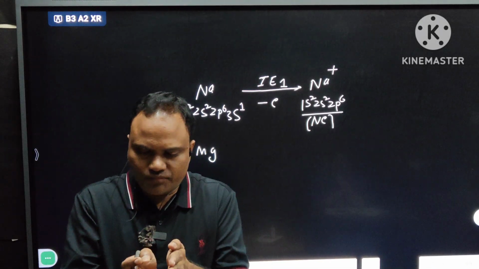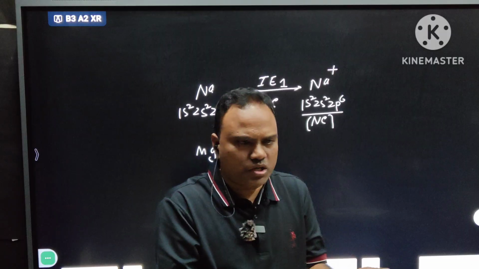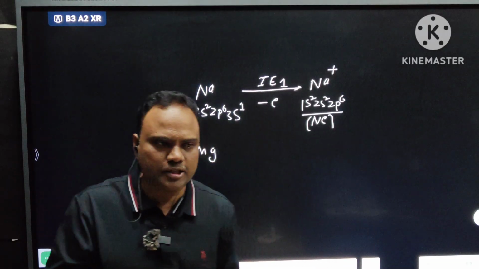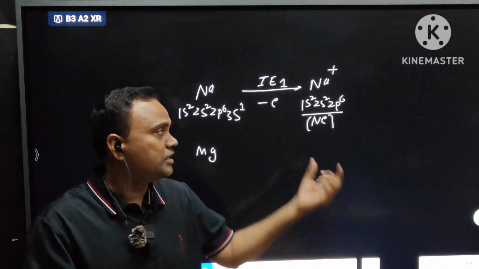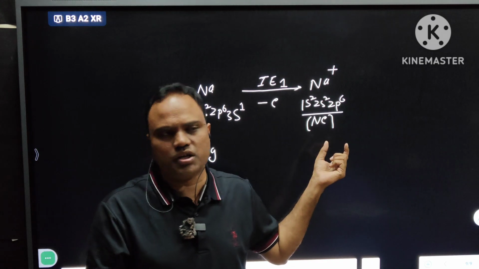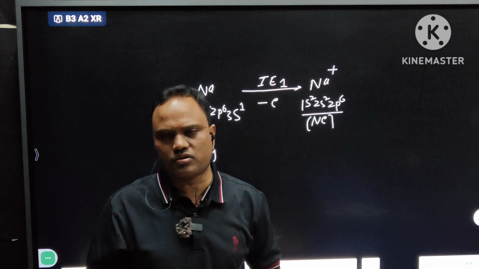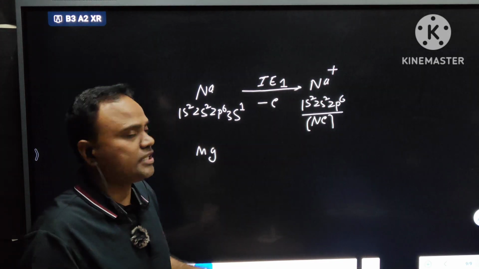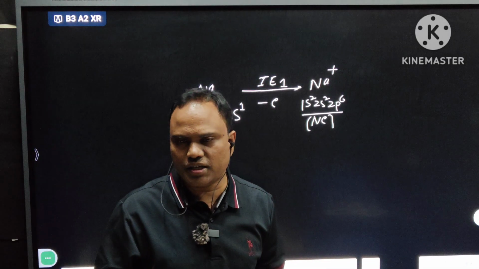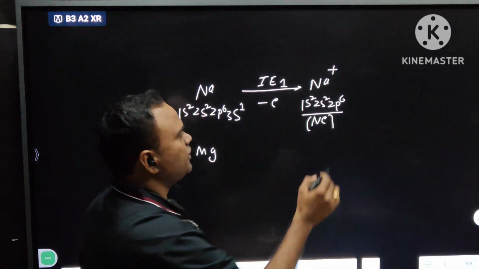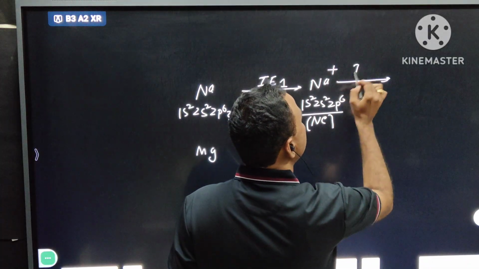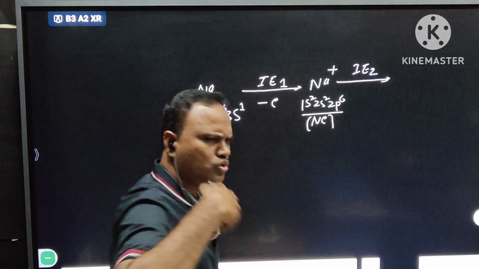Remember, after removing one electron or two or three electrons from any atom, if it gets inert gas configuration, 1s2, 2s2, 2p6 being the neon configuration, then its ionization energy suddenly increases. Right? In order to remove the next electron, you should apply more energy.